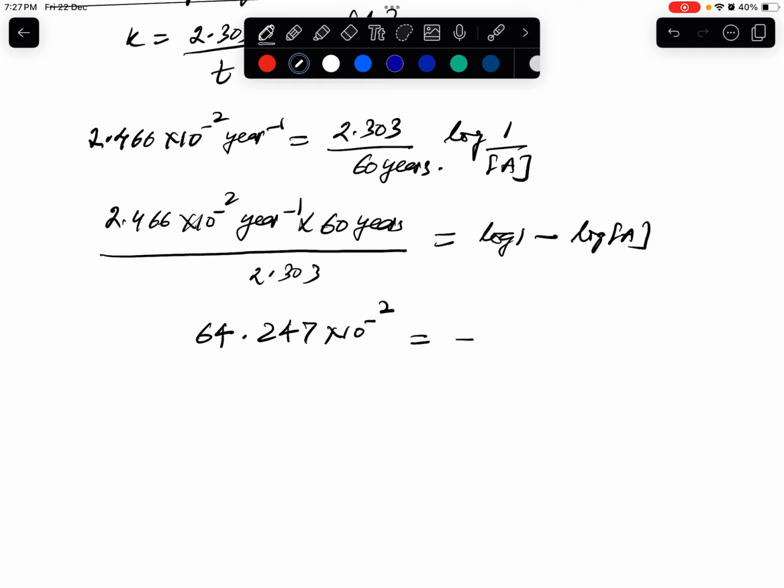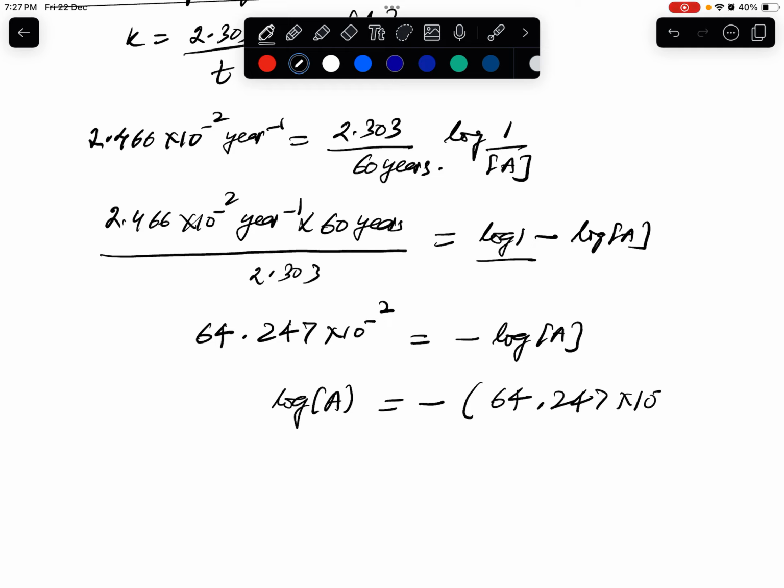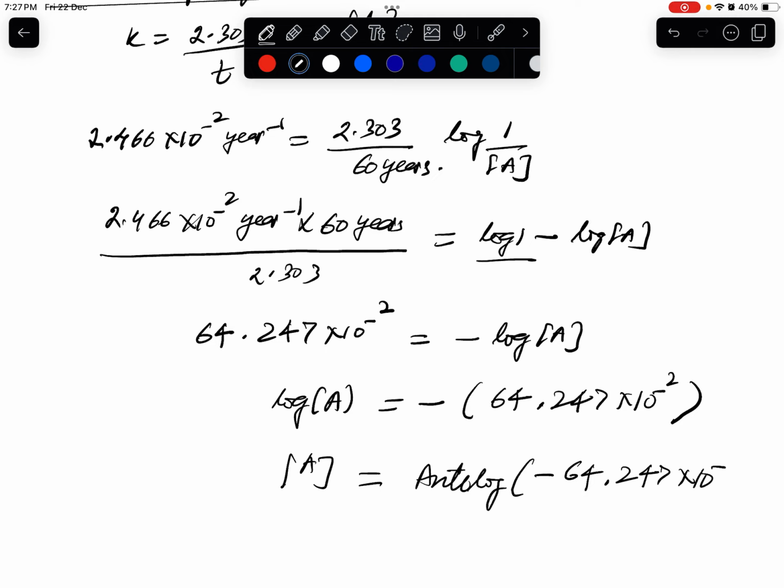This is equal to minus log A, as log 1 will be 0. So log A is equal to minus 64.247 into 10 raised to the power minus 2. Therefore, A can be calculated as anti-log of minus 64.247 into 10 raised to the power minus 2.